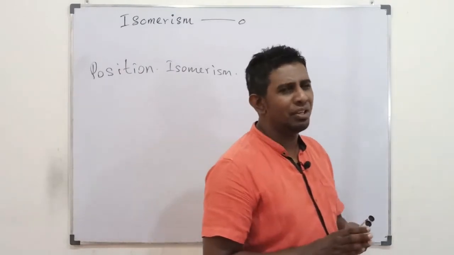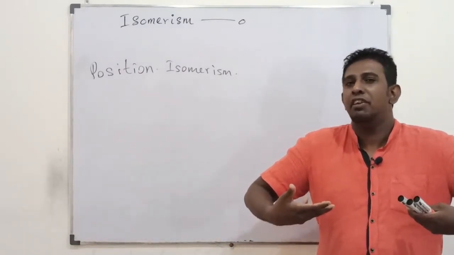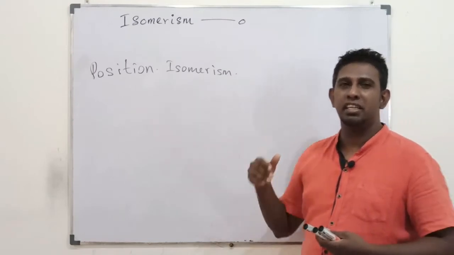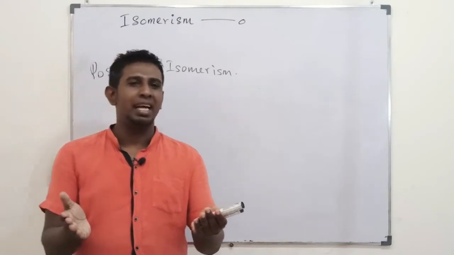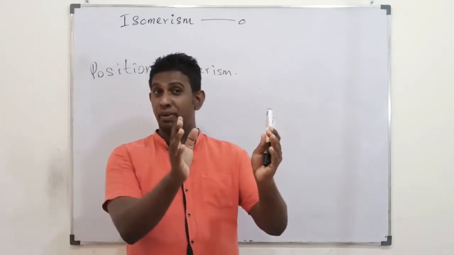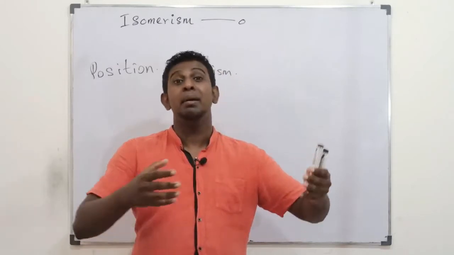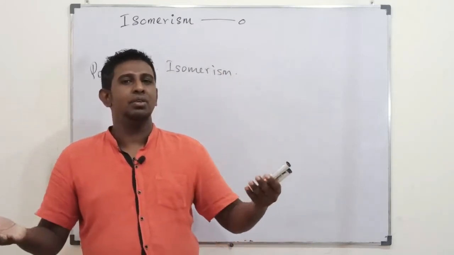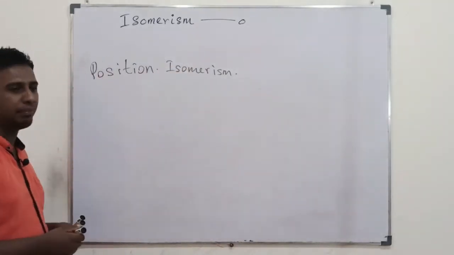By the name itself, it has different positions within the main chain. Different position of what? It could be a different position of the main functional group, a sub-functional group, or a branch alkyl group. Let me explain that further.